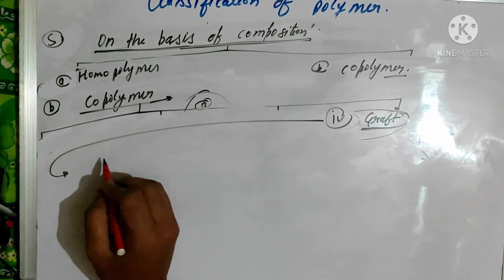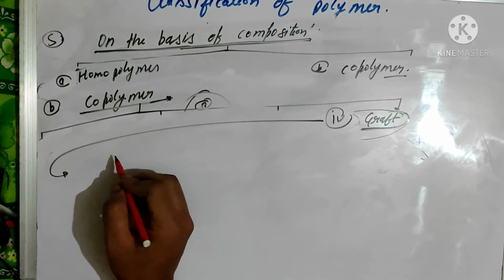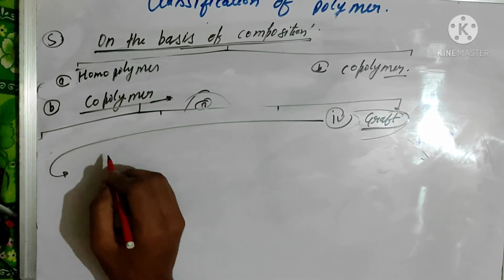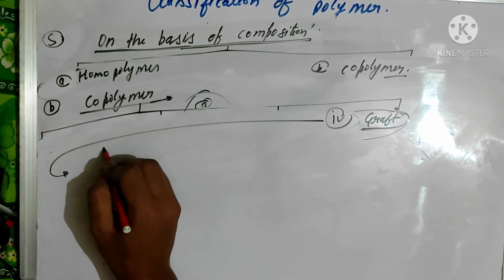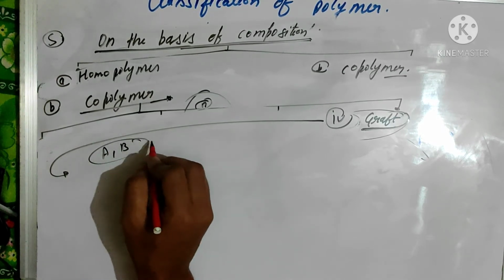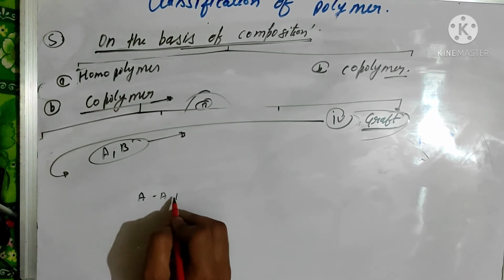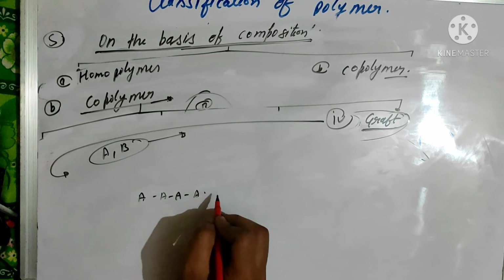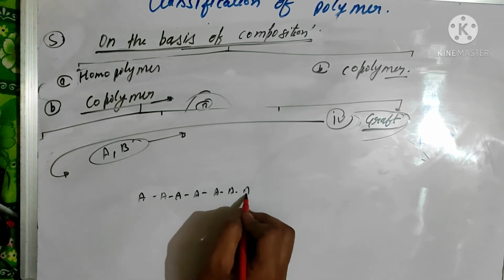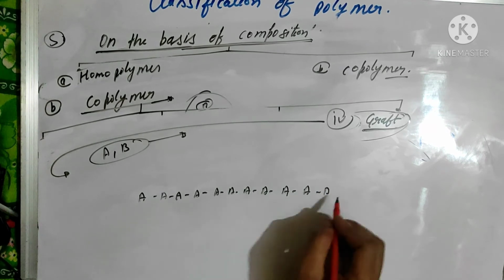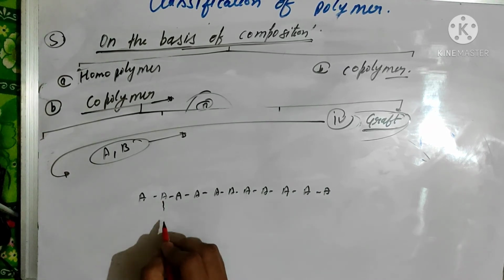In graft copolymer, the main polymer chain contains one type of monomer and the branches contain another type of monomer. For better understanding, let A and B be the monomers of the graft copolymer. The main polymeric chain contains only one type of monomer, that means only A, and the branches contain the other type of monomer.